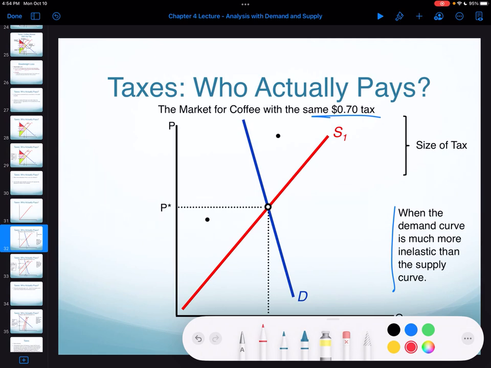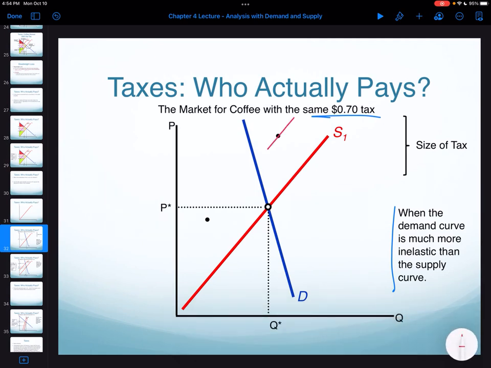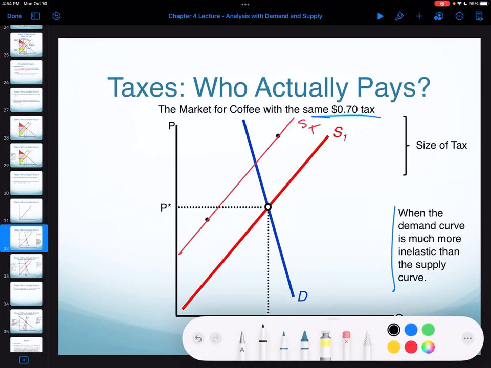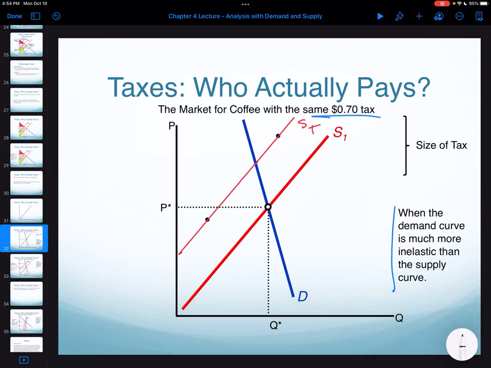I'm going to show the implementation of the tax. Therefore, I'm going to shift the supply curve to the left. S_T, this is my new supply curve. New supply curve, same old demand curve. So here is our new equilibrium point.